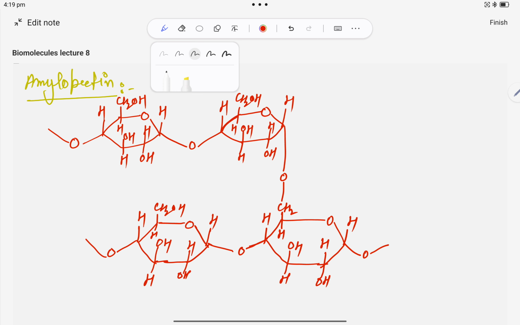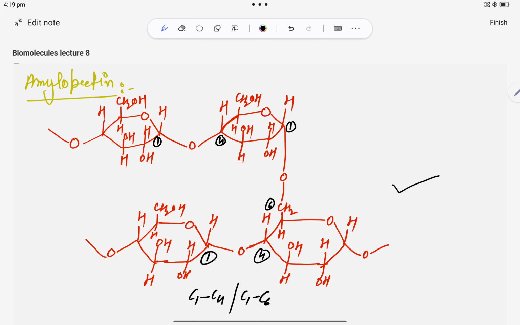So see children, in that case carbon number 1, this is carbon number 4, carbon number 1, and this is carbon number 6. Again carbon number 6, then this is carbon number 4, again this is carbon number 1. So here C1 C4 and C1 C6 bonds are formed, and this is the amylopectin structure, guys.